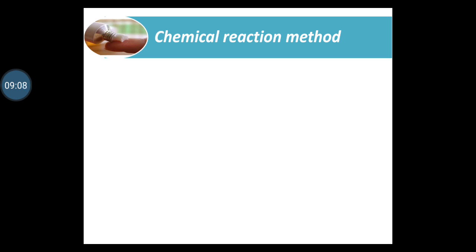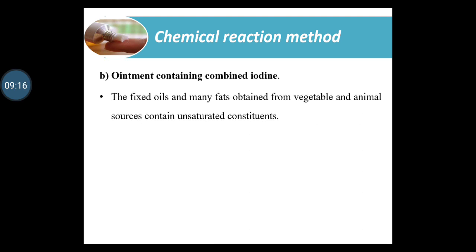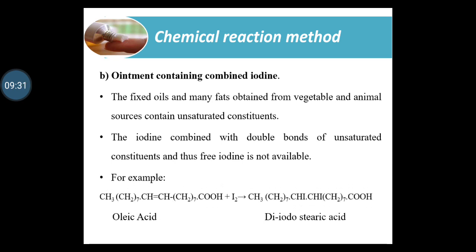Then the next type of ointment is ointment containing combined iodine. The fixed oils and many fats obtained from vegetable and animal sources contain unsaturated constituents. The iodine combines with double bonds of unsaturated constituents and thus free iodine is not available.